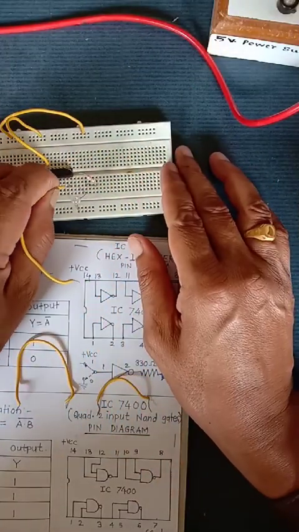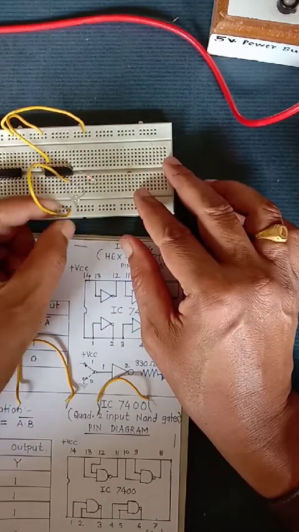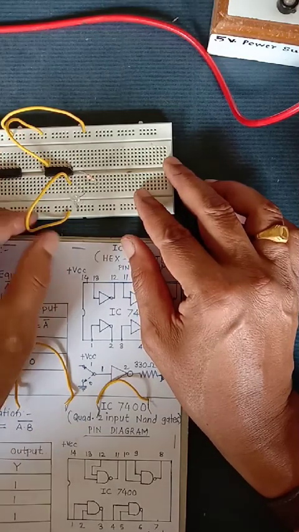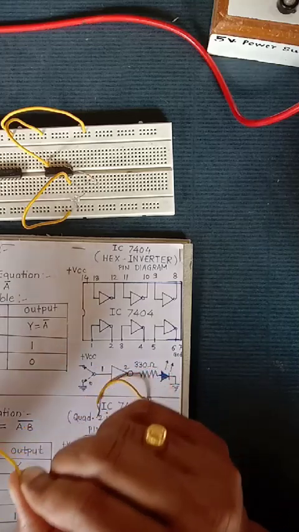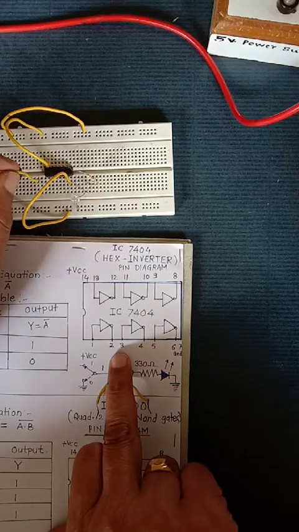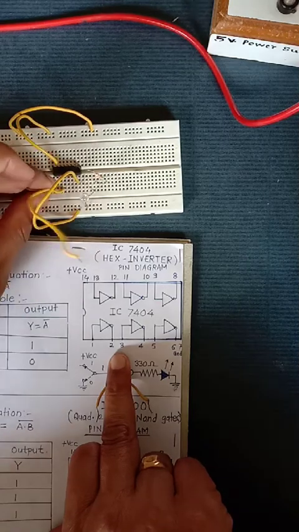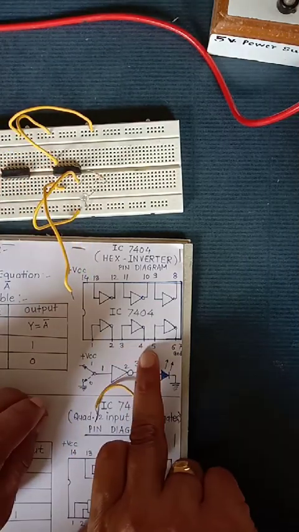Here I am connecting pin number 7 to the ground line and pin number 14 to plus VCC. Then connect one wire to pin number 3, which is the input of the second NOT gate.